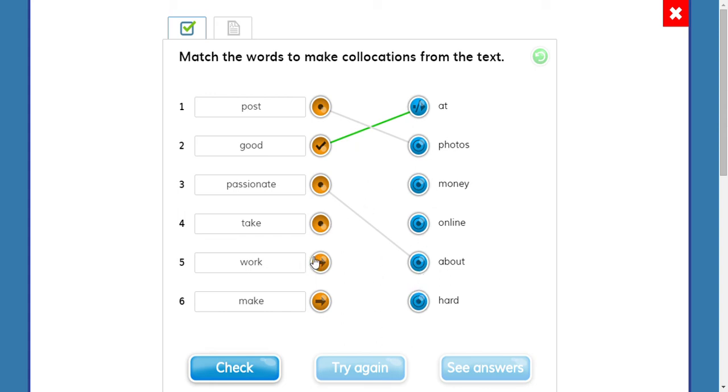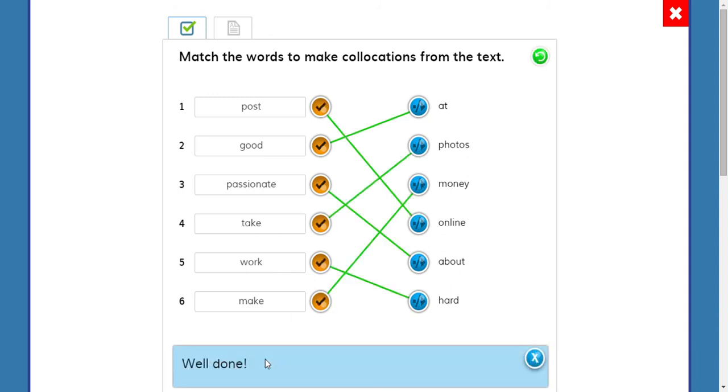Work hard. Aha, work hard. Okay. Make money. Take online? Are you sure, take online? I don't think so. Post photo or post online? Ah, post online. Take photo. Now it sounds good.